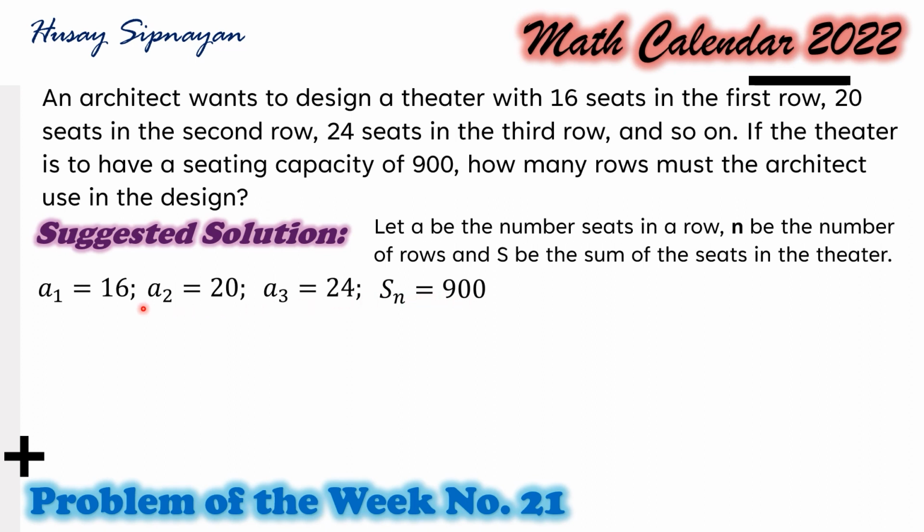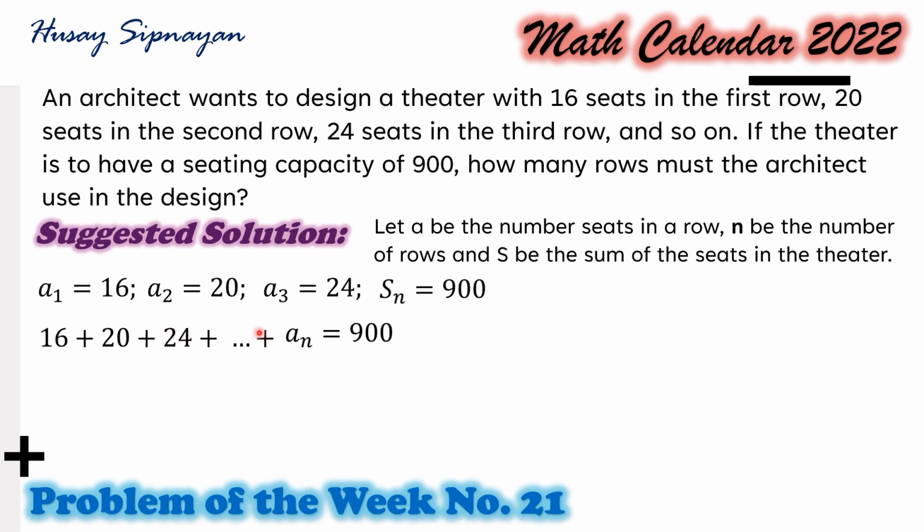In here, we have an arithmetic series. We can write the equation as the first term, 16, the second term, 20, 16 plus 20, the third term, 24, until the last term, let us call it A sub n. And the sum is equal to 900.